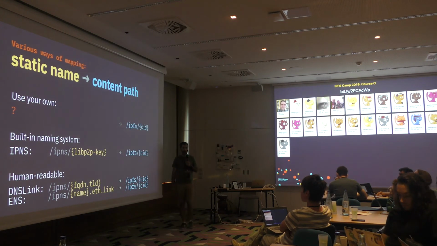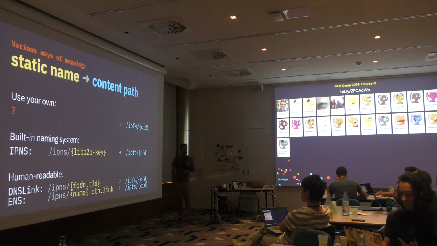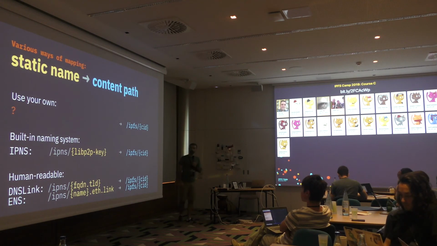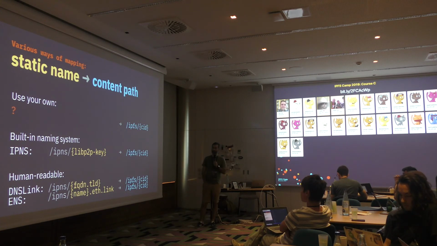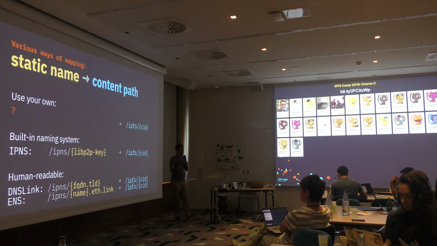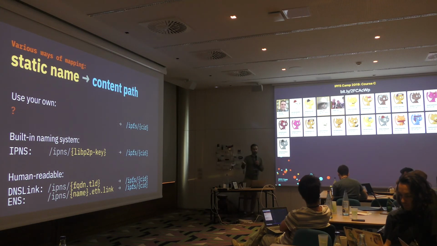So if you want to host your website in IPFS or something like that, if you change anything on your site, the CID changes. So how can we maintain a static name or a static pointer to our content? We're not gonna hand out CIDs every time we change our website, right? So we have a naming system.